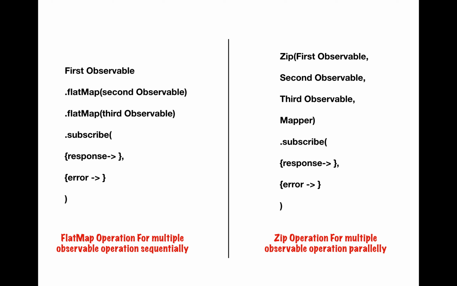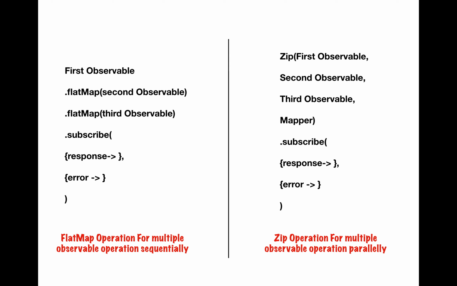Now we will focus on the zip operation. What is happening here? If you notice the first 4 lines of the chain, what I have written is zip, and there I have put the first observable, second observable, third observable and a mapper. These 4 are the parameters of the zip operator. What does it mean?